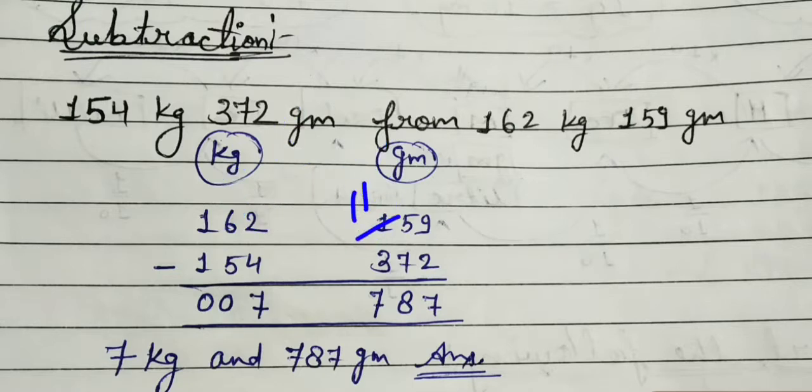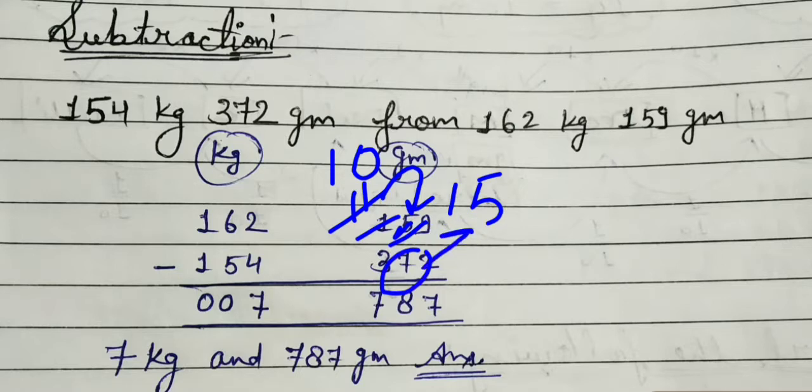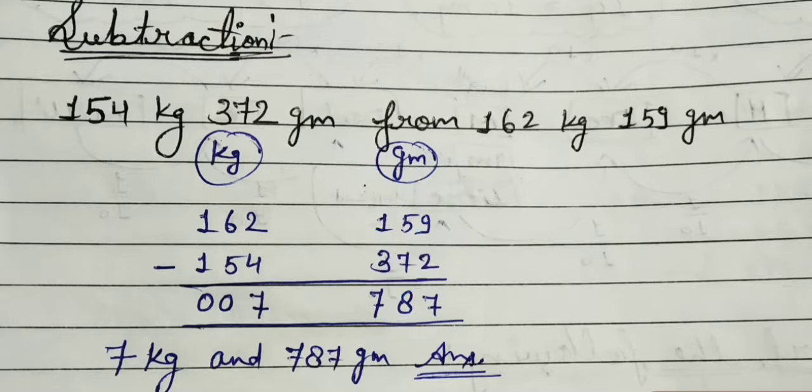Now this 11 can give 1 borrow to this 5, so this 5 here is 15. 11 is giving, so 11 changes into 10. So now we can subtract this 7 from this 15, so it will become 8. And this is 10 here. So when we subtract 3 from 10, it is 7 here.